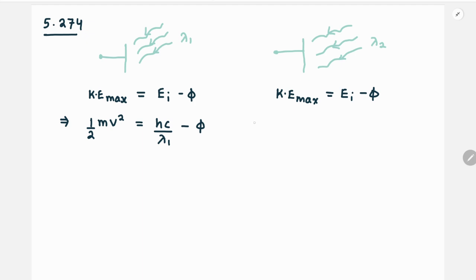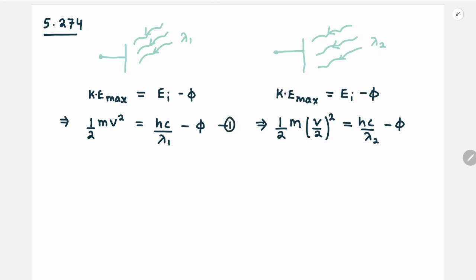This time the problem is stating that the wavelength lambda 2 is greater than lambda 1. So if wavelength is greater, the energy is reduced, so the kinetic energy is also reduced, by a factor 2. So I mean to say that (v by 2) square is equal to hc by lambda 2 minus work function phi.